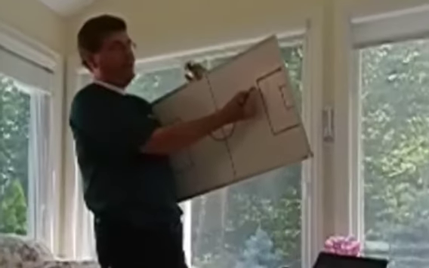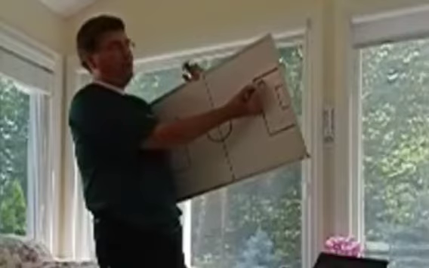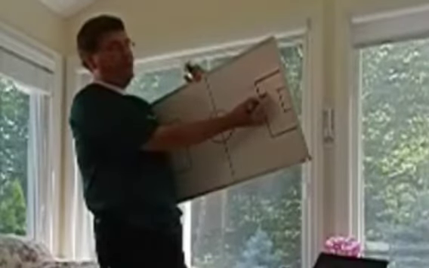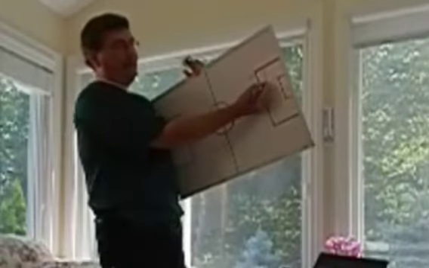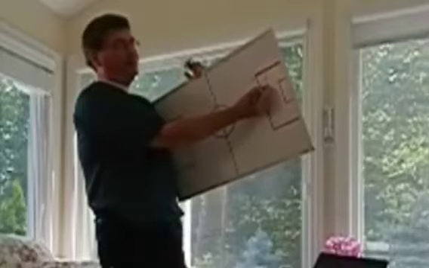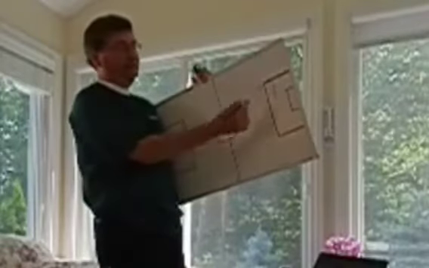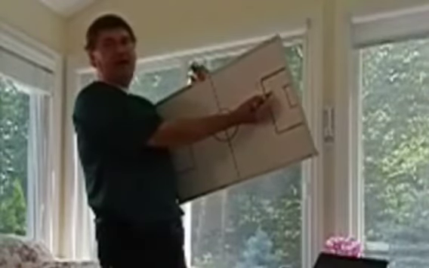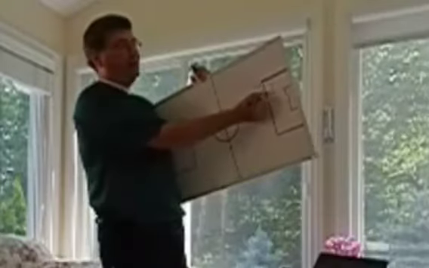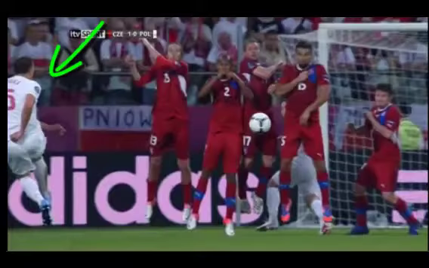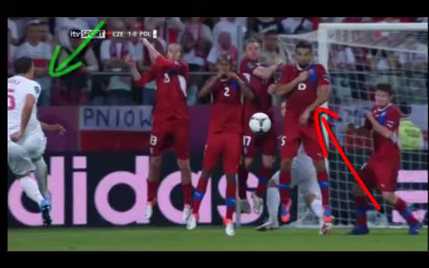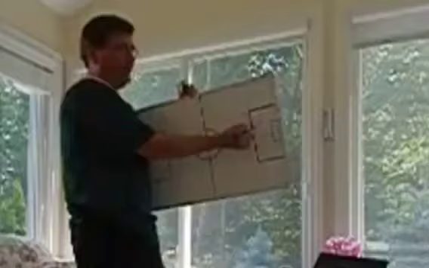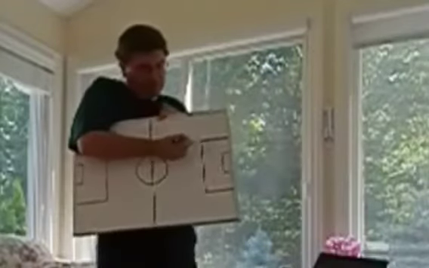So the shooter's taking the kick right here, and the Czech wall is inside the area, and a forward named Baros from the Czech Republic is on the right end of this wall. I don't know if you can see this okay. Here's the shooter, and here's the Czech wall, the defenders inside the area, and here's Baros.